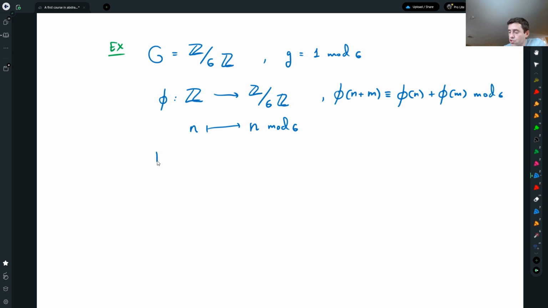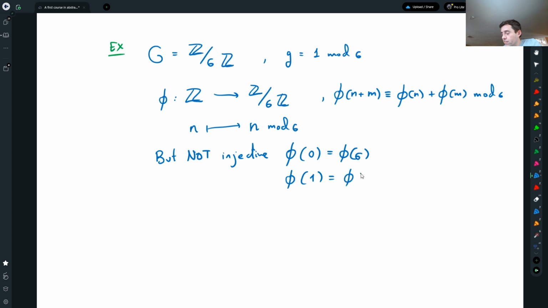But this is not injective, as any integers that are congruent modulo 6 will go to the same place. So for example, phi of 0 is the same as phi of 6, or phi of 1 is the same as phi of 7. It is not injective.